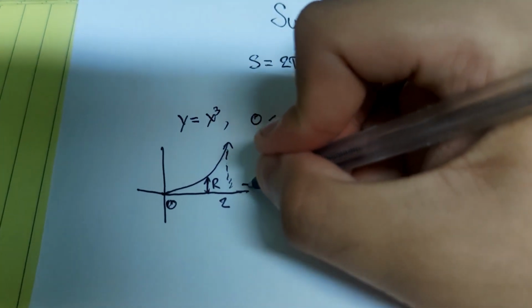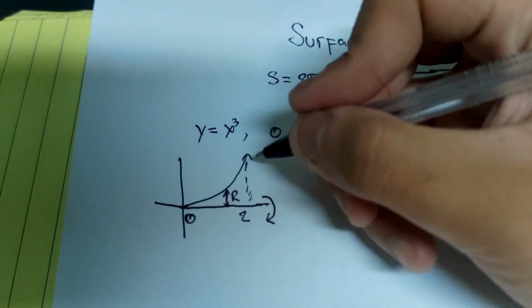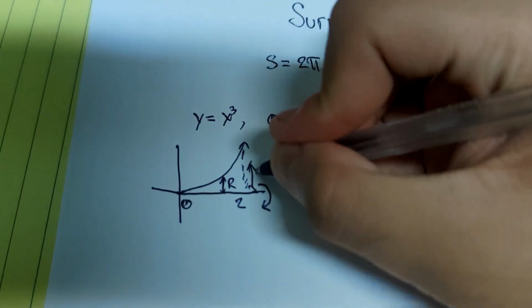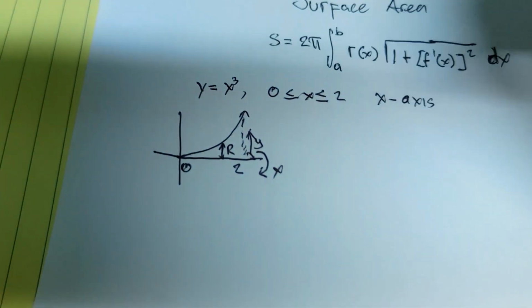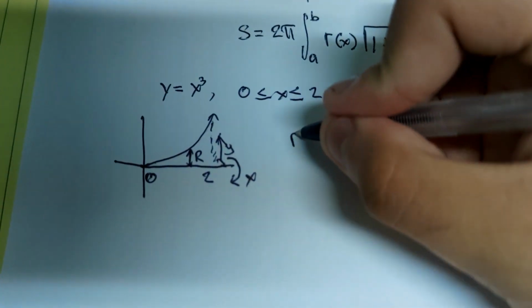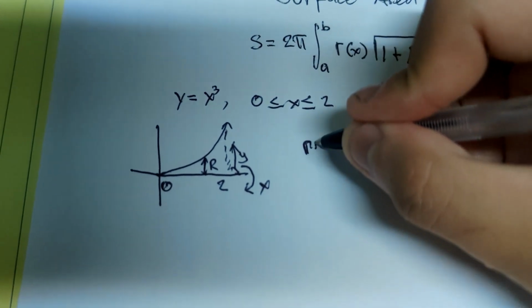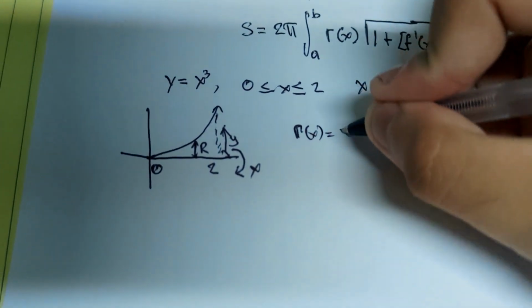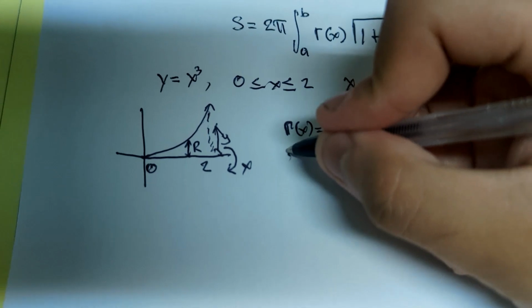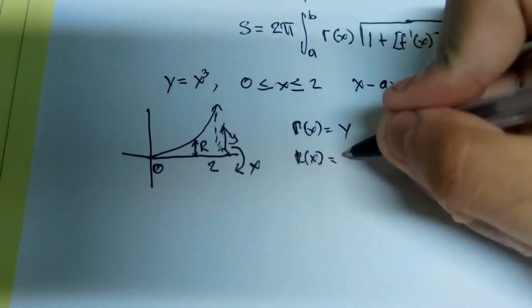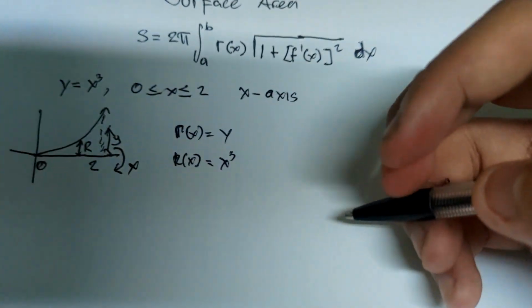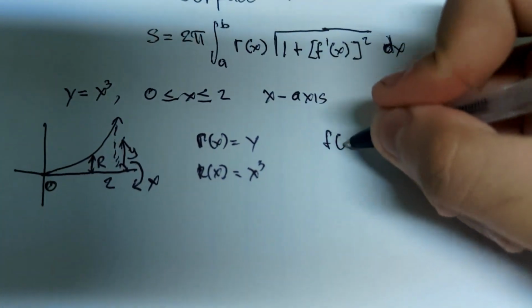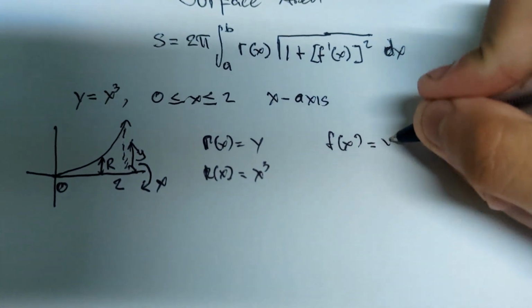So this will be revolved about this side, because on this side will be our y and this side will be our x. Okay, so our radius is y, and so our y equals x cubed. Our f of x equals x cubed.